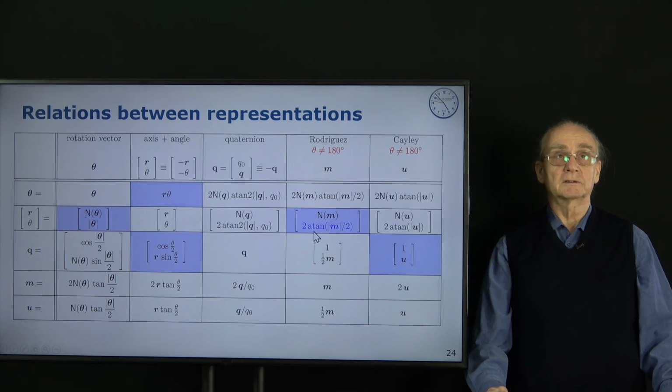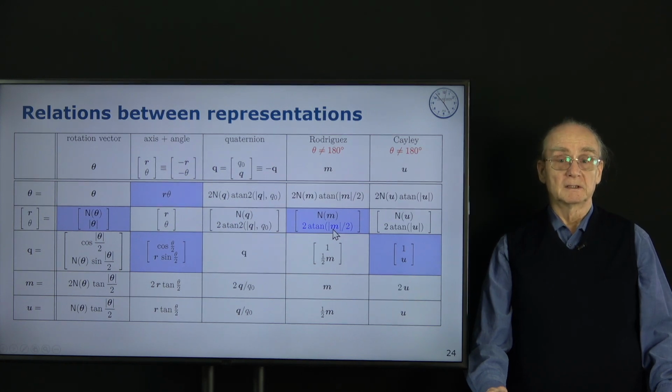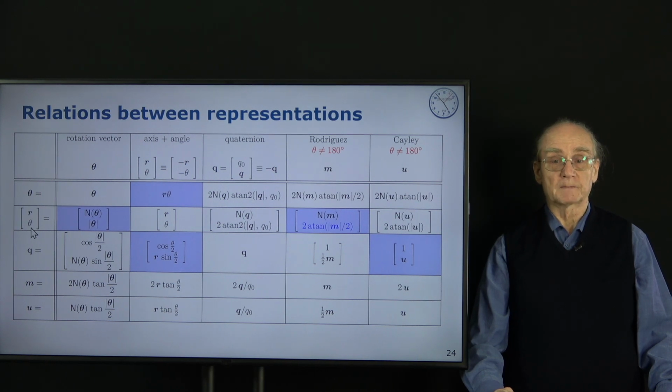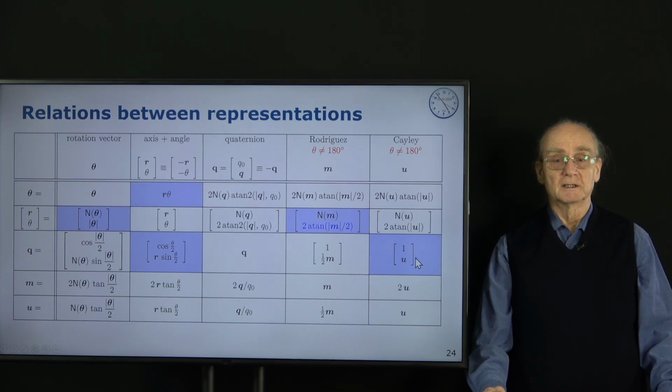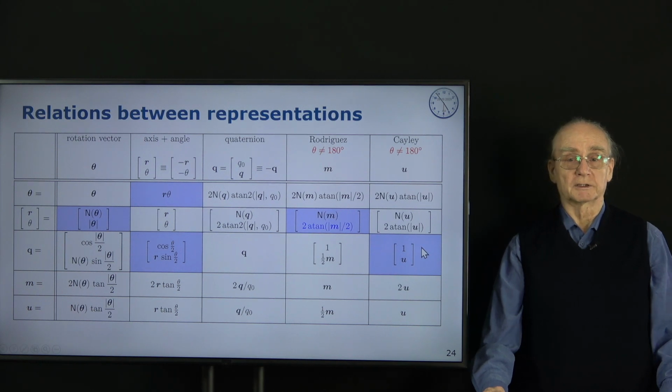So the arctangent of some entity is, if it is small, approximately the entity itself. So for small angles we get m divided by 2 multiplied with 2. So for small angles the length of the Rodriguez vector is identical to the rotation angle. This is good. And finally, we see that the Cayley representation is nothing else than, instead of normalizing the length of the vector of the quaternion, we normalize the vector so that the scalar part is 1.